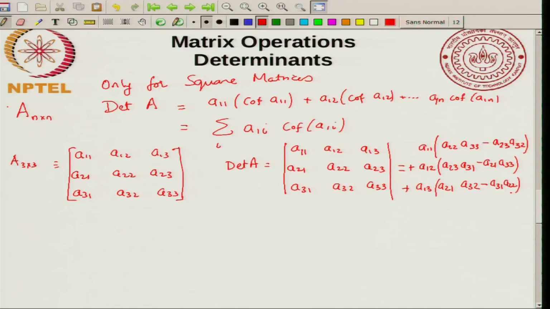So, it is a sum of 3 terms, just as you can see from this expression.